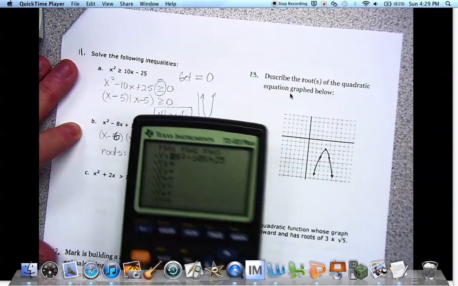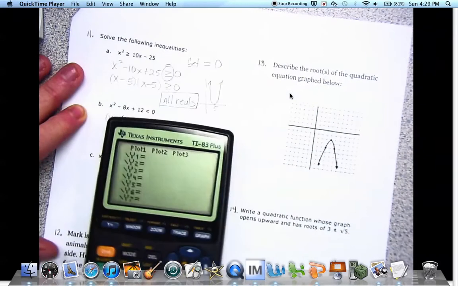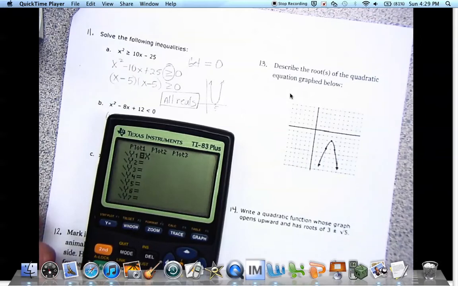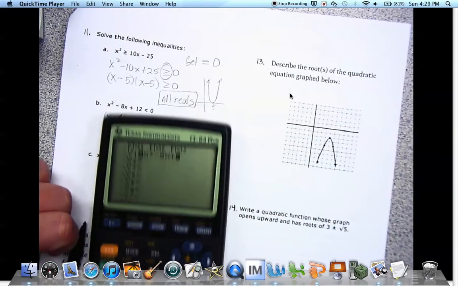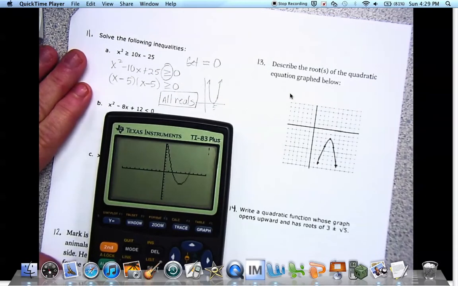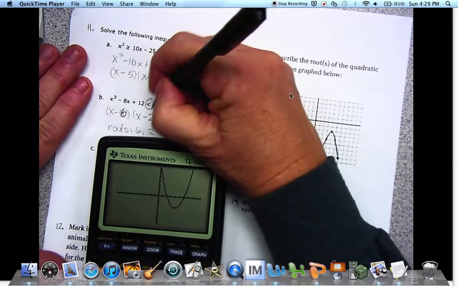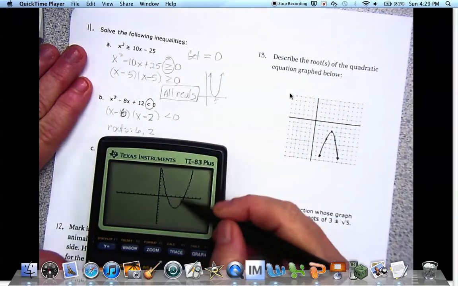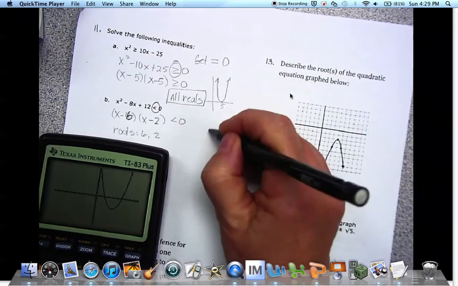Okay, so let's graph this one. X squared minus 8x plus 12. Okay, so 2 and 6 are our roots. And it asks when is the graph less than 0? So when is it below 0? Let's make a sketch.